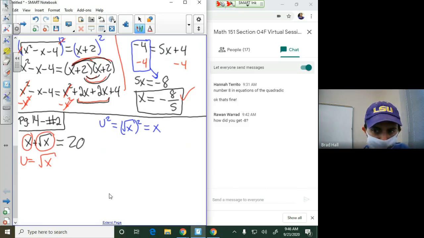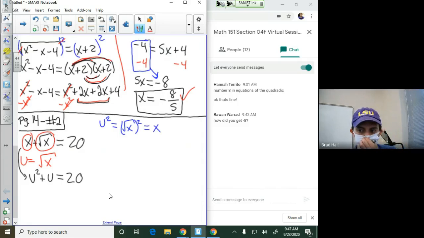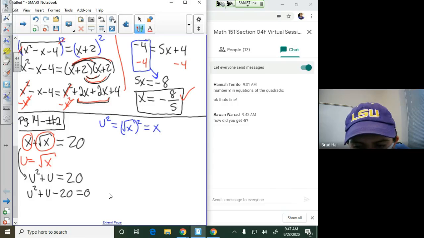So the x is now u squared. The square root of x is now just u. All of that is equal to 20. And we can quickly go ahead and subtract 20 on both sides, to put this in standard form, so that way we can go ahead and factor.